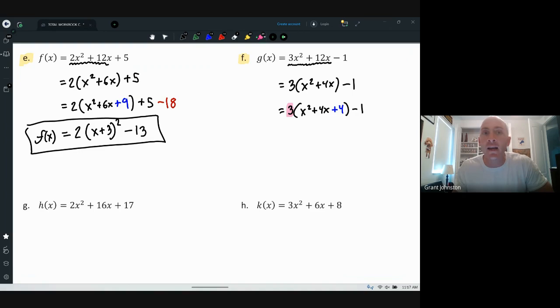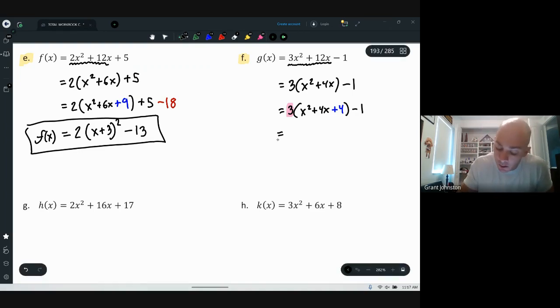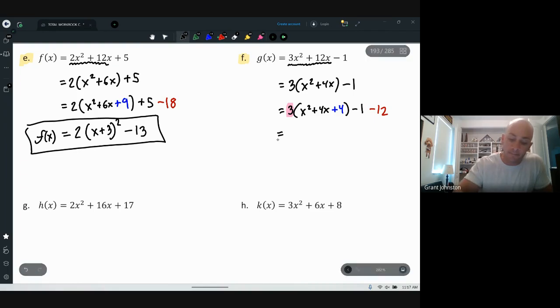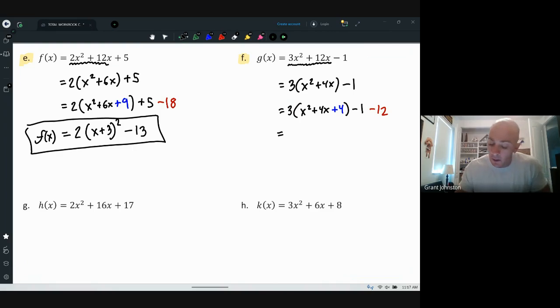So to maintain this equality, I need to subtract 12. So 3 times x squared plus 4x plus 4 would be x plus 2 squared. And then negative 1 minus 12 is negative 13.